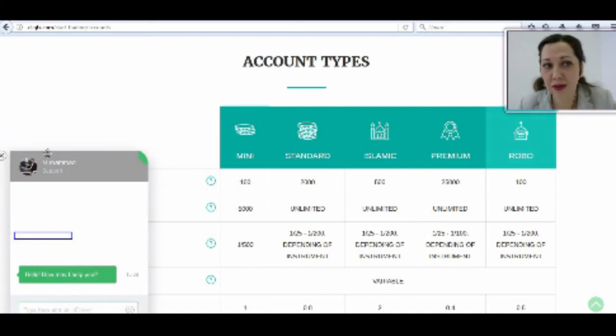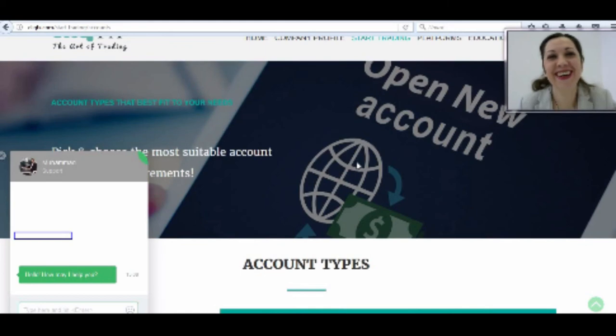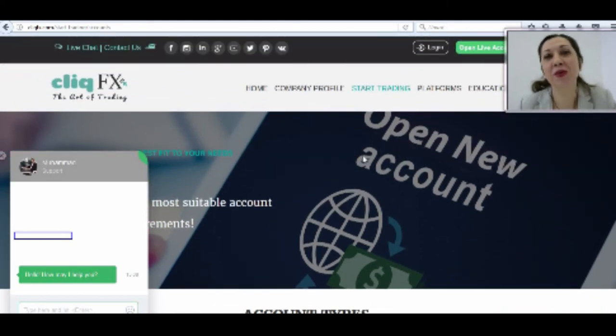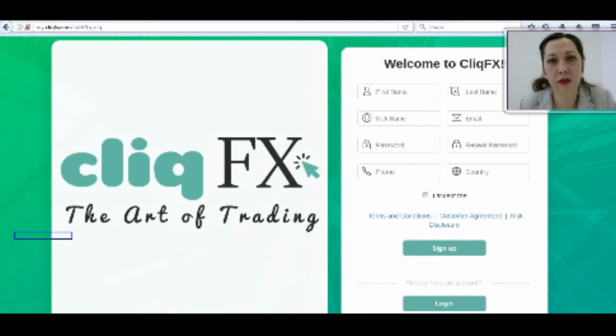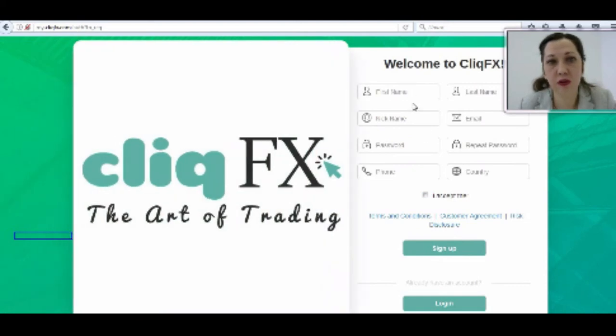So what else? Support is working. Also, you can register and you can open a live account. So click here. You will see this form. You need to just fill it in, and after finishing, you will get your personal page. This is also an additional service that is provided by CLIQ FX company.